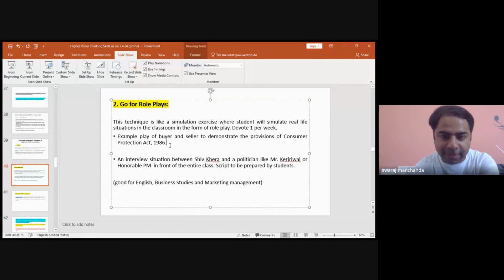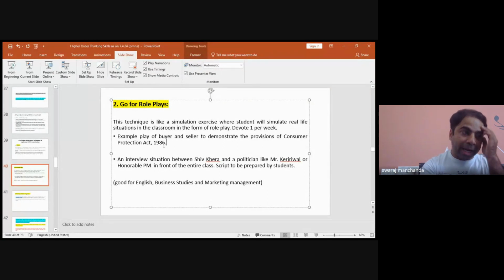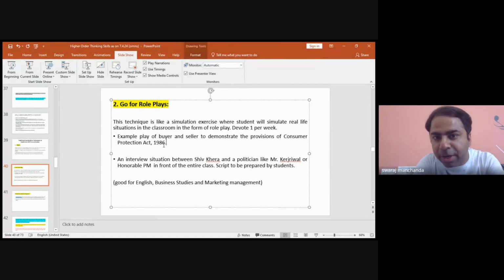I was in my 11th standard and I liked the stage a lot. I like to speak. You must be getting this idea from my tone only. I'm sitting in my room, and the way I'm speaking is more than taking a class. So I really loved speaking and I really like to talk. In that zeal, I went to my teacher and asked her one thing: can we have a role play between an interviewer and a leader like Pranab Mukherjee?